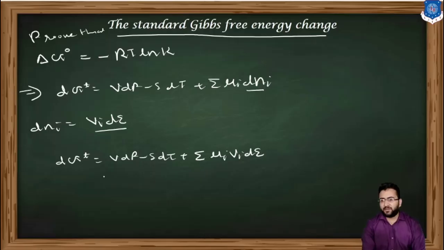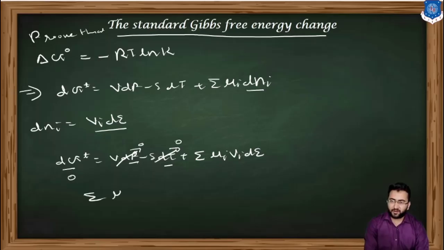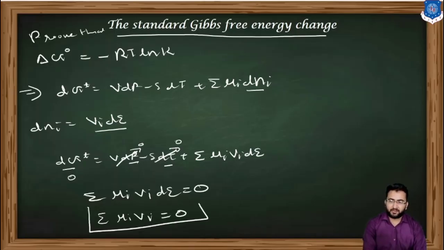At equilibrium, we already proved that the Gibbs free energy change is zero. At constant temperature and constant pressure, the first two terms become zero, and d(nG) also becomes zero. So summation of mu i vi d epsilon is equal to 0, so summation of mu i vi is equal to 0. Let's consider this as our equation number 1.